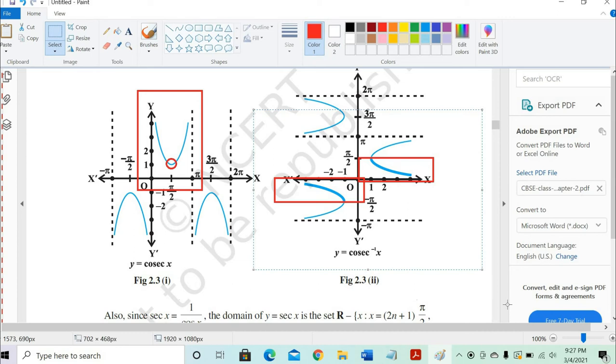Example, sine 0 is 0, so cosec 0 is infinity, and cosec pi is also infinity. So if y is infinity, then for two inputs you got the same value, no? For two angles you got the same value.